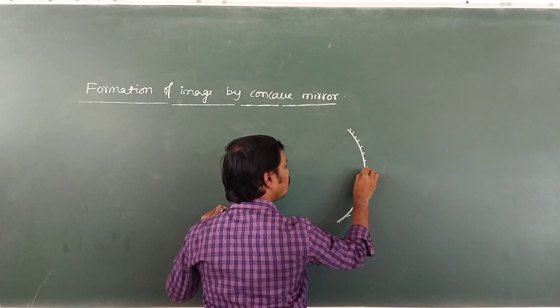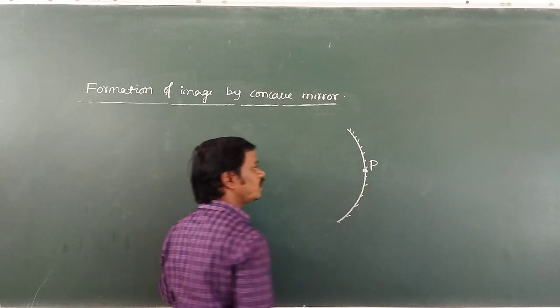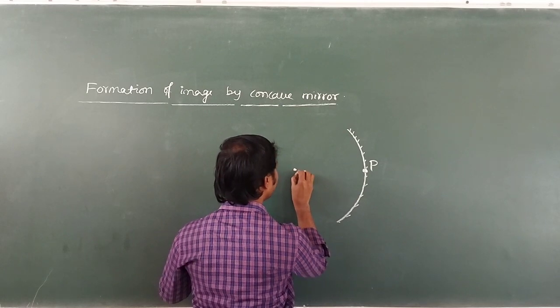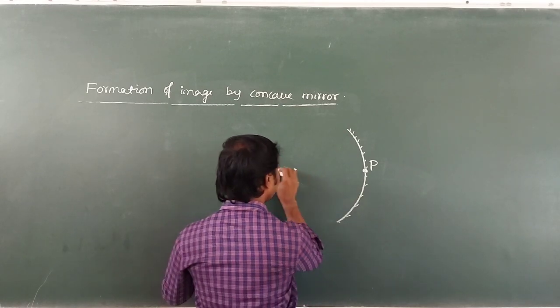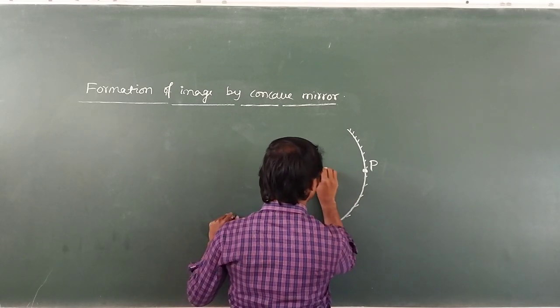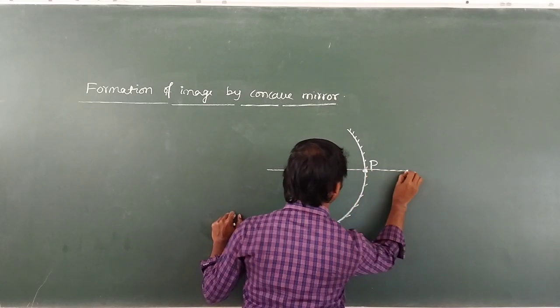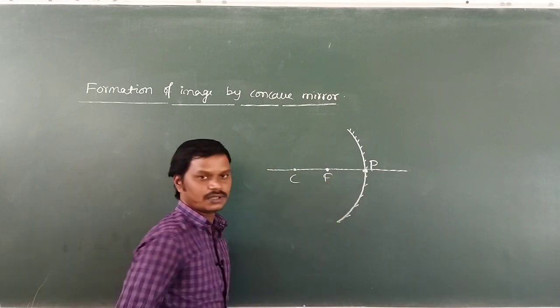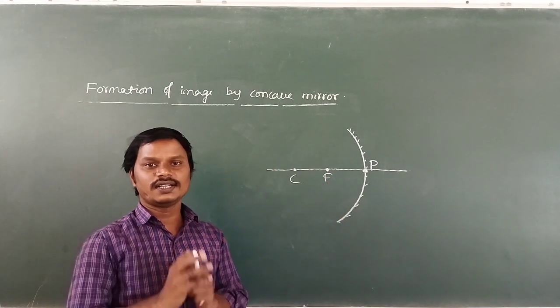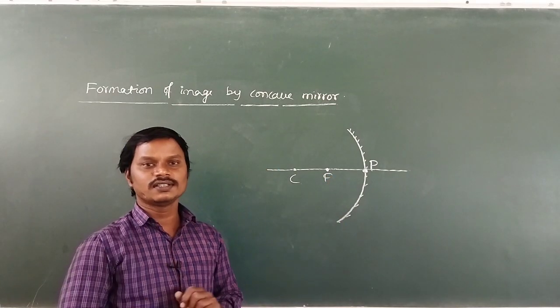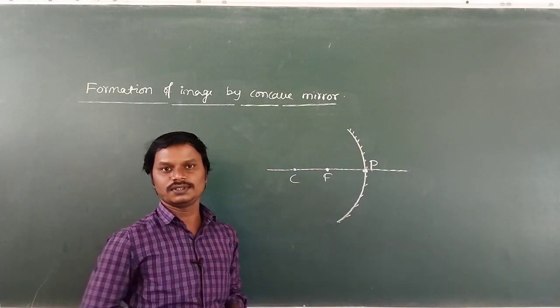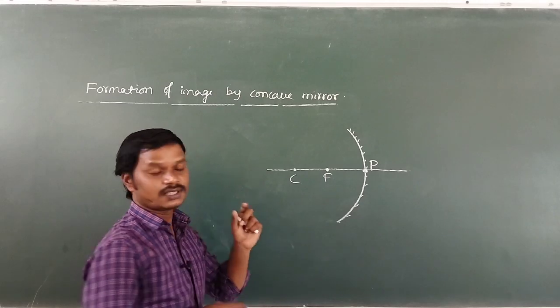Then the pole of the mirror can be represented by P. Then the center of curvature of the mirror can be represented by C. And the line passing through the center of curvature and pole is called the principal axis, and it is the focus. So see here, while drawing the ray diagram, you must label the center of curvature, focus, and also pole.